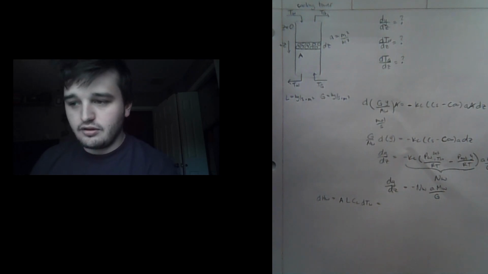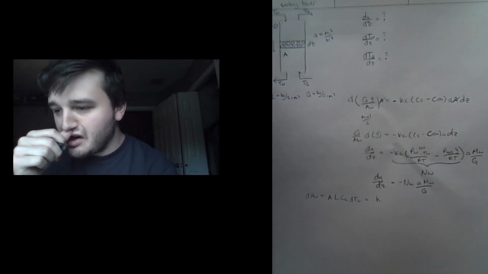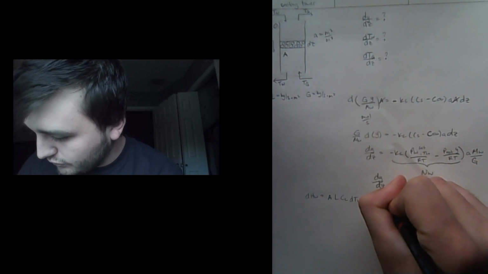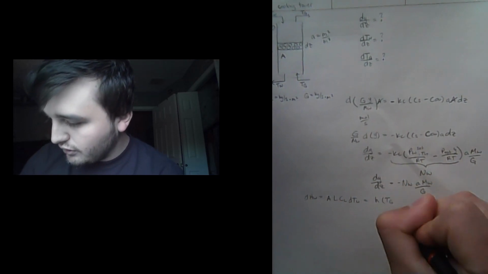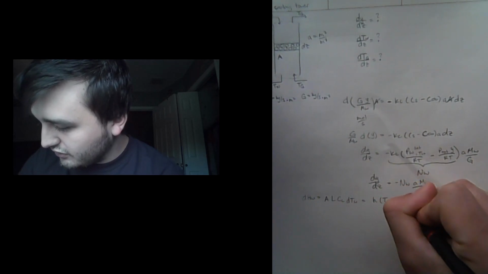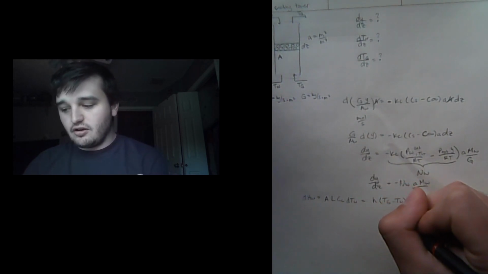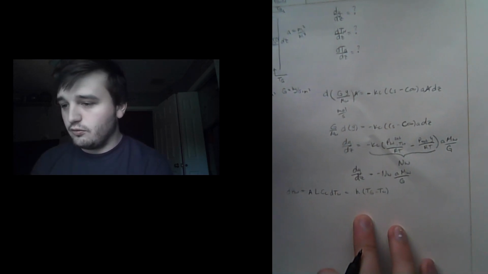So let's start with the heat from the air going into the water. We're going to start by saying the heat transfer coefficient h times the driving force, which is the change in temperatures: the temperature of the gas, in this case air, minus the temperature of the water. Again, we have to consider the volume that's happening over.